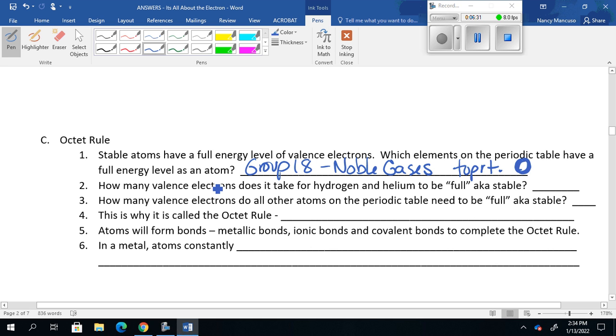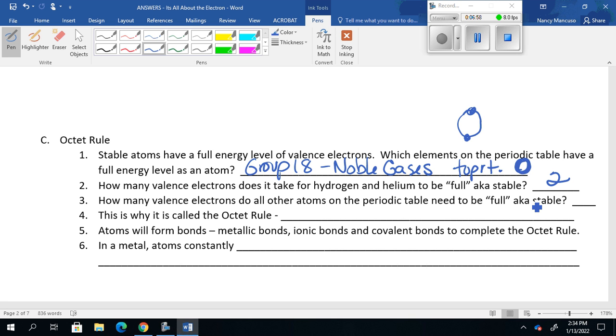So how many valence electrons does it take for hydrogen and helium to be full, to be stable? So they only have one electron shell, and that first electron shell is full when it has 2. So it takes 2 to be stable for hydrogen and helium. But everybody else on the entire periodic table, I want you to look at the ending numbers.